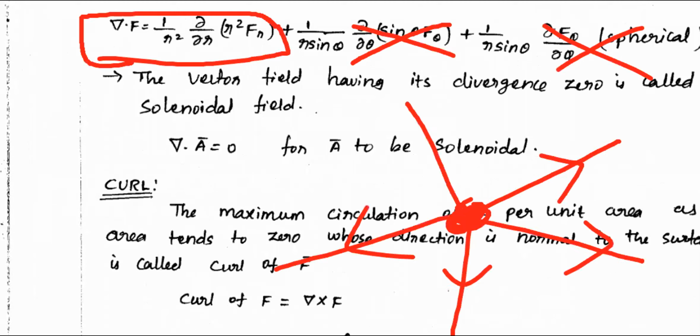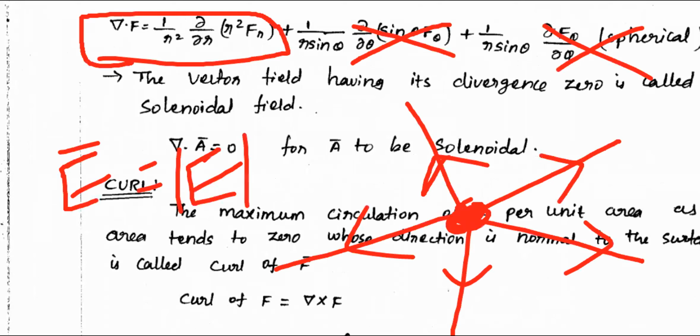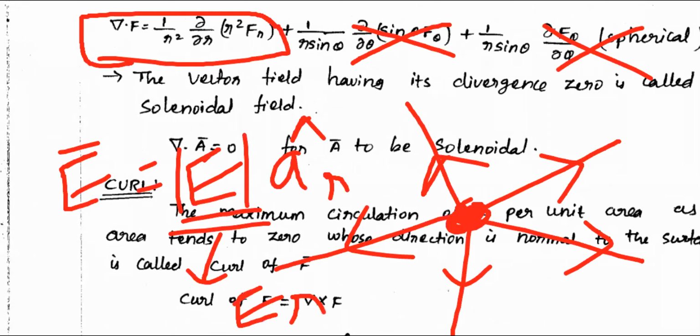We have derived finally that the electric field due to a point charge is equal to some magnitude times E_r cap. So that means this is the E_r component, in this case that is F_r. If you simply remember this equation, that is enough. For a practical purpose, remembering only this portion is enough.